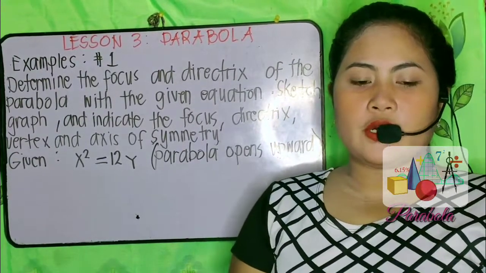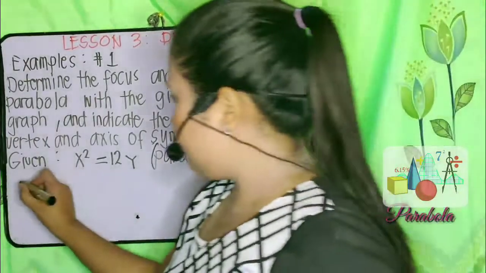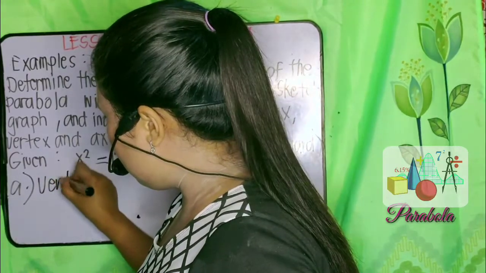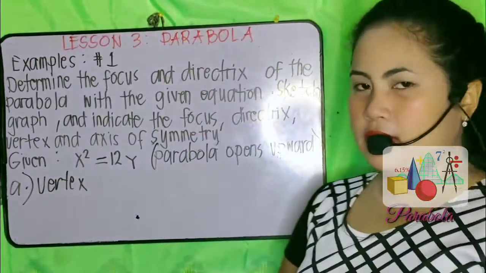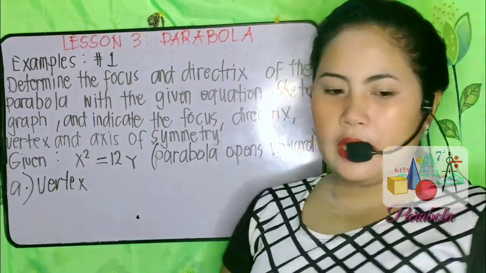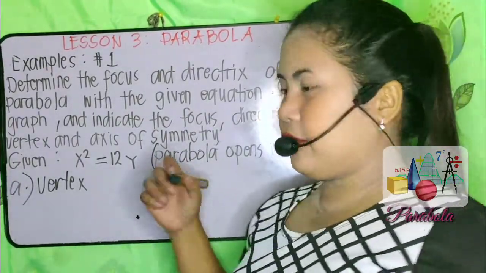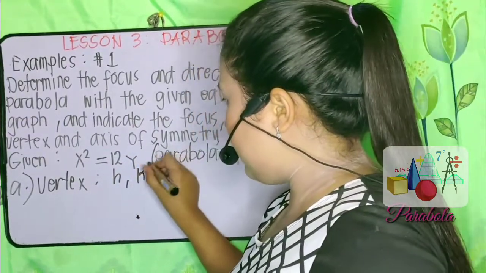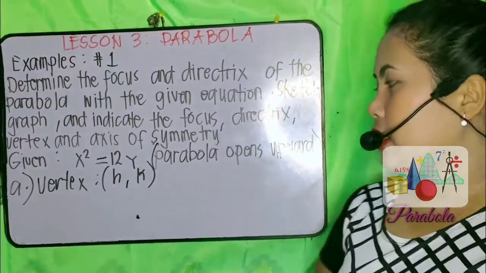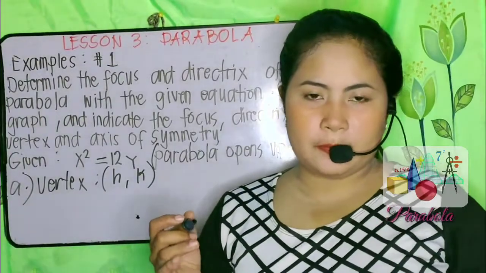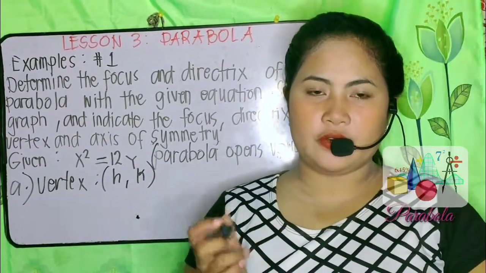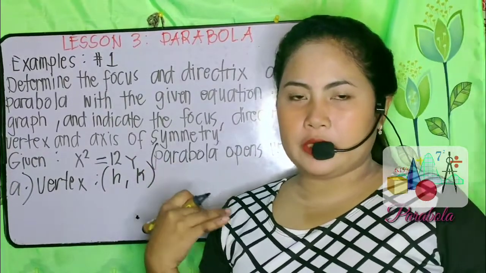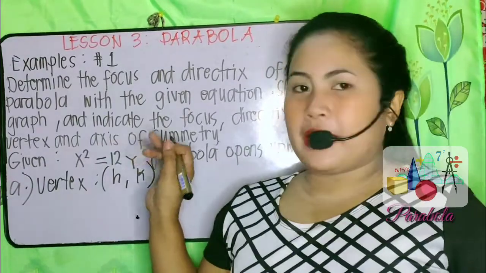Okay, so first, we're going to find the vertex. What do you think is the vertex? Since our formula for the vertex is (h, k), because we're going to use the properties for if the vertex is not the origin, gagamitin po natin yung properties for if the parabola opens upward.